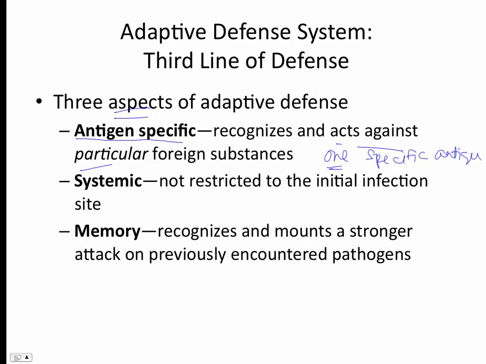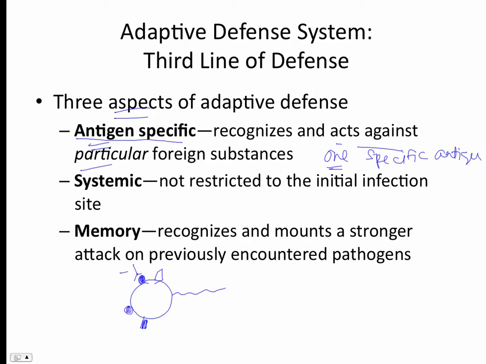antigen. Let's say that a bacteria cell has entered into our body. It can have a flagella, and it can also have glycoproteins, glycolipids, and different components and cellular proteins on its cell surface. If it's antigen specific, that means we're only going to respond to one specific type of antigen, one specific type of surface marker.